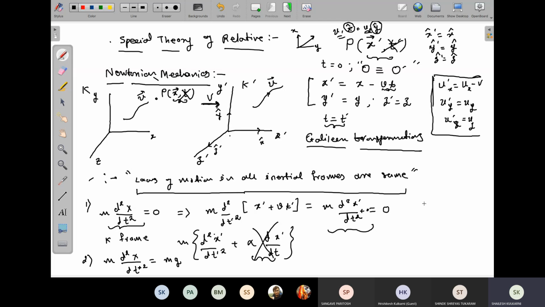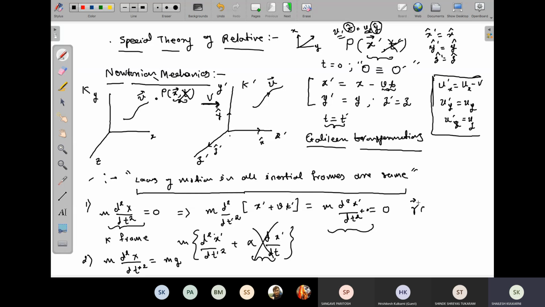Suppose you consider this vector r, and you apply these transformations. But one thing you need to be careful about: here we are talking about constant vectors, not a function of x, y, z.